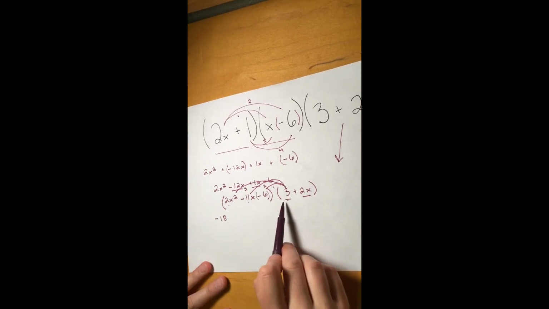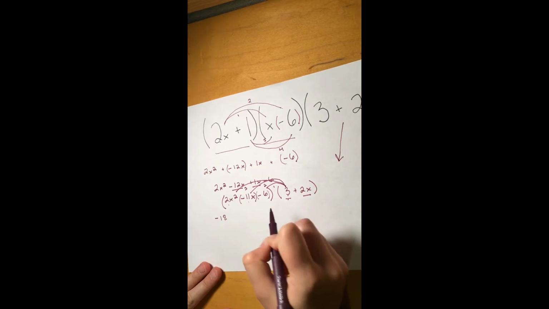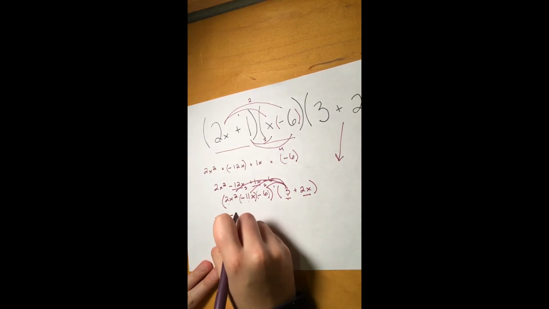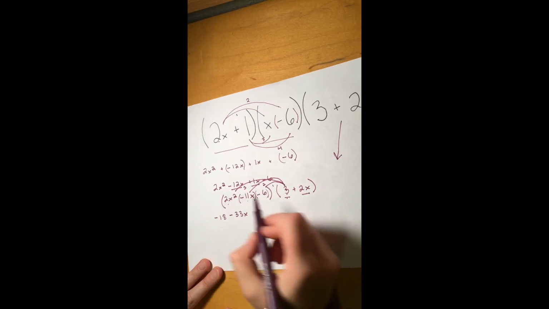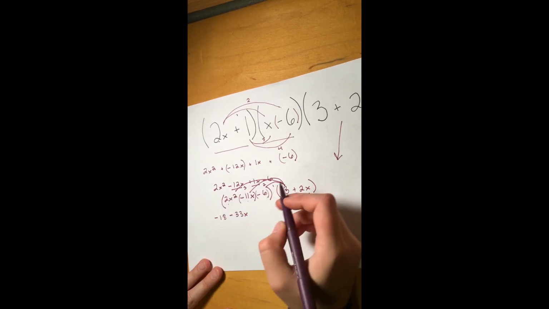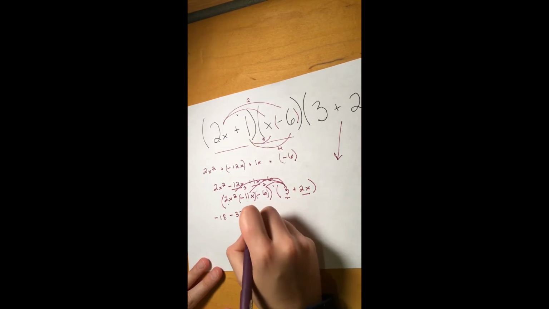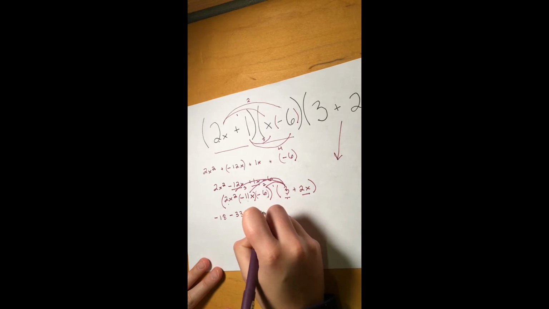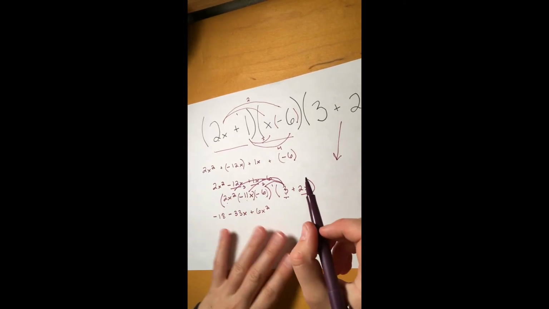So negative 18, 3 times negative 11x is negative 33x. 3 times 2x to the second power is a positive 6x squared. So those 3 are good.